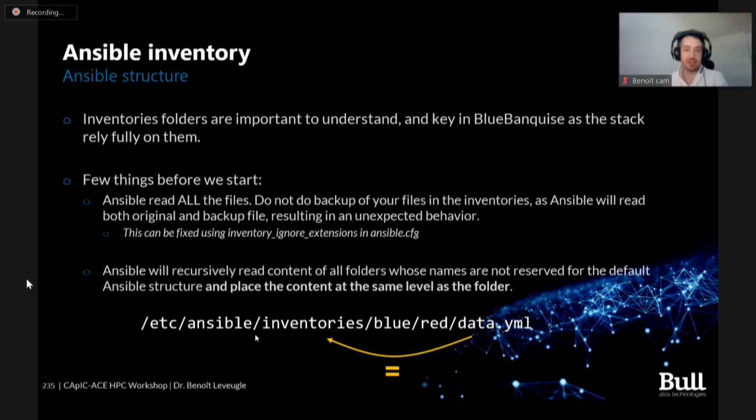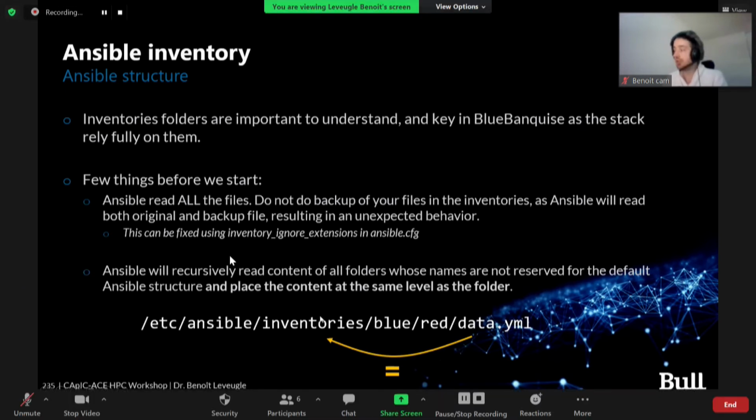In the other case, it's going to flatten everything. So for example, here I put data.yaml inside inventories, blue folder, red folder, etc. Since blue and red are not known by default by Ansible, it's exactly the same as if I put the data.yaml just above in inventory.